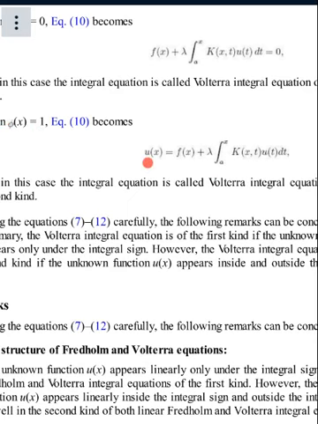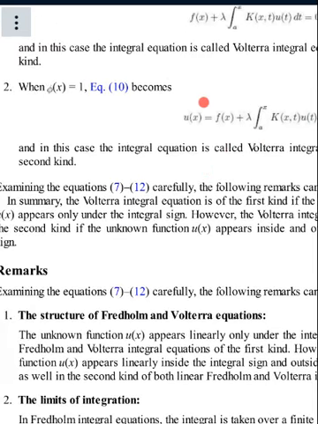So we have u of x equals f of x plus lambda times the integral of ku from a to x, and we call them Volterra integral equations of the second kind.